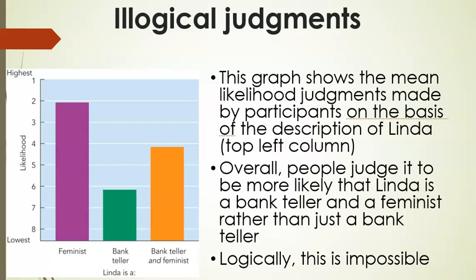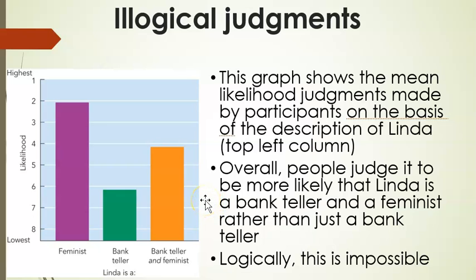So for example, some people would say Linda is a feminist, or Linda is a bank teller, or Linda is a bank teller and a feminist. Those are the three options. And on this side here, we have the likelihood. The highest likelihood would be closer to a 1, closer to the top, and a lower likelihood would be near 8.